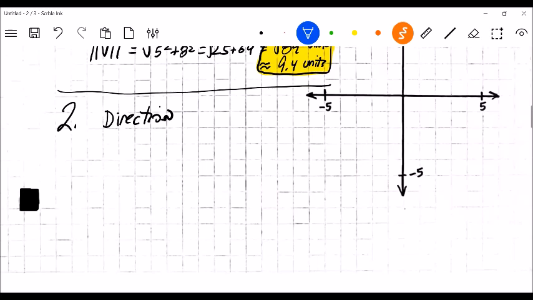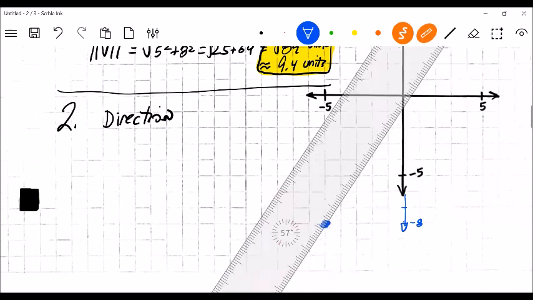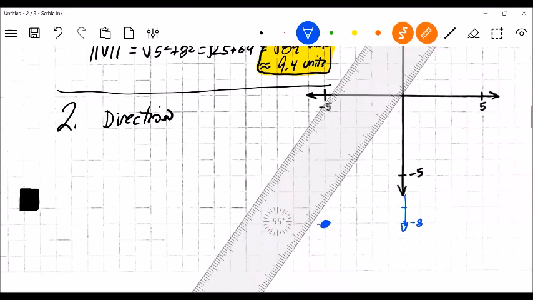It's about here. Oops, I went over one too many. -8, -5. Okay, -5, -6, -7, -8. Now I will go from the origin to -5, -8.